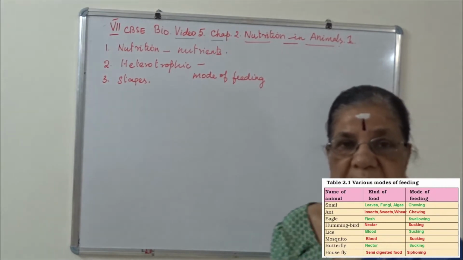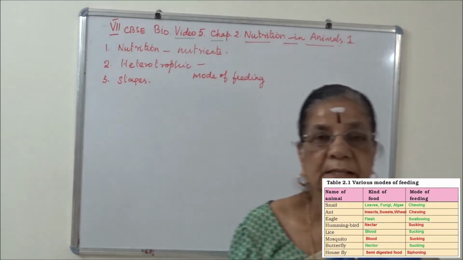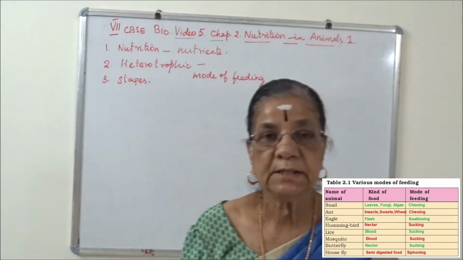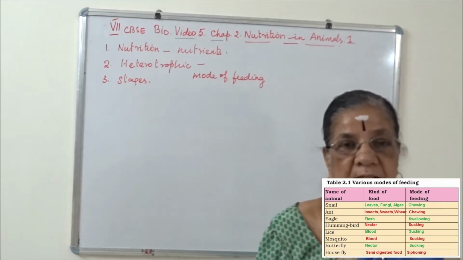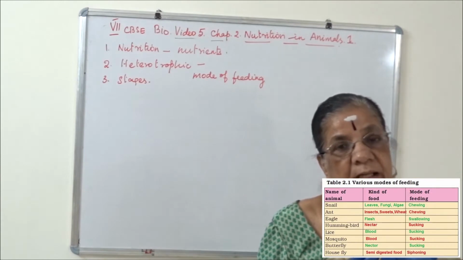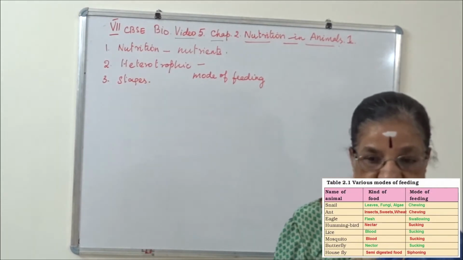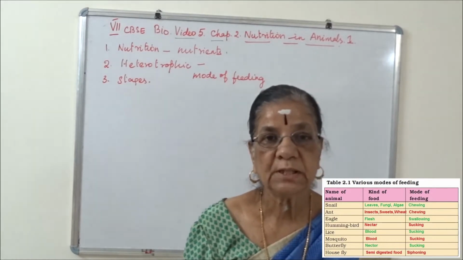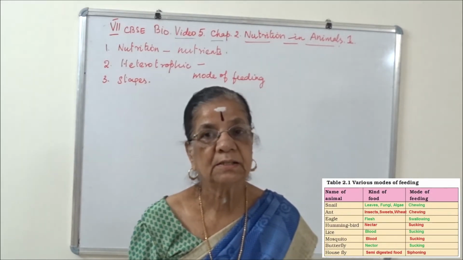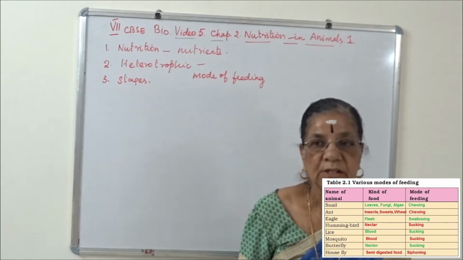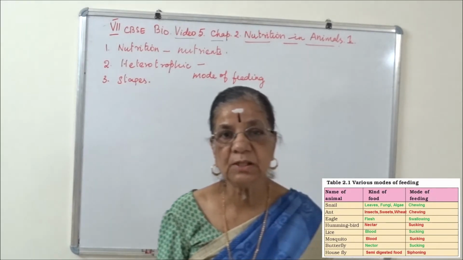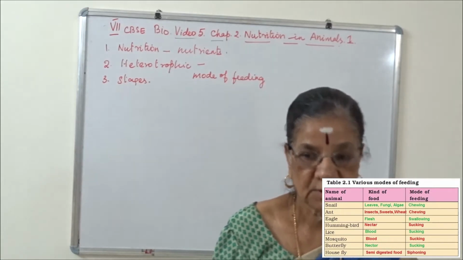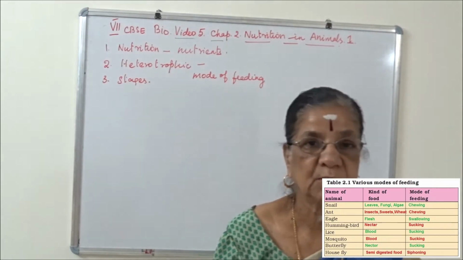So that is nutrition and nutrients. And animals are called heterotrophic. They do heterotrophic nutrition. What does it mean? Animals cannot prepare their own food, so they depend on other organisms. The organisms which depend on other organisms for food do heterotrophic nutrition.